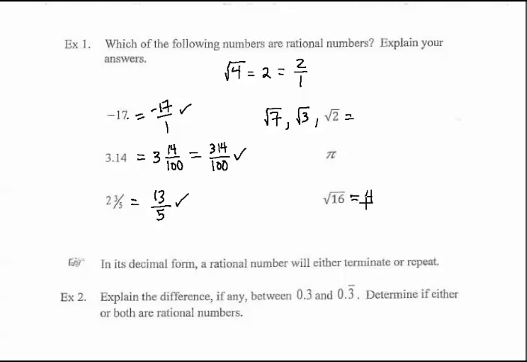Okay, so this one is actually rational. These two, irrational. So one we can write as a fraction, the other one we can't, and a number is either one or the other. A number can't be both irrational and rational.